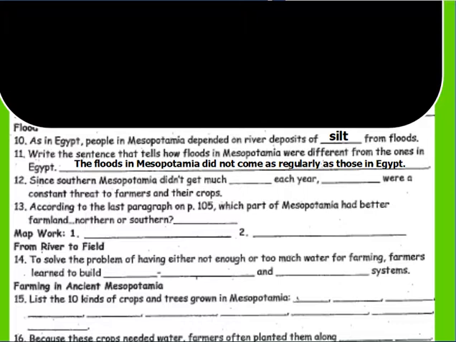All right, southern Mesopotamia did not get much rain each year, so droughts were a constant threat to farmers and their crops. Okay? So a drought is when you go for a very long period of time with no rain and all your vegetation dies.